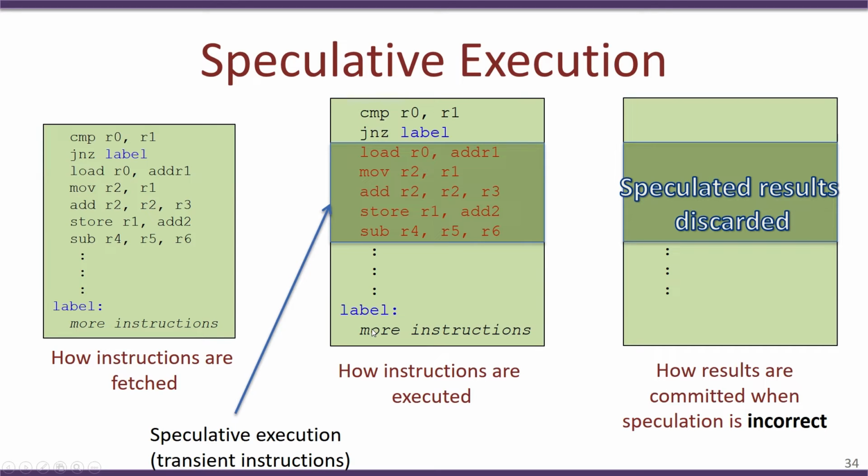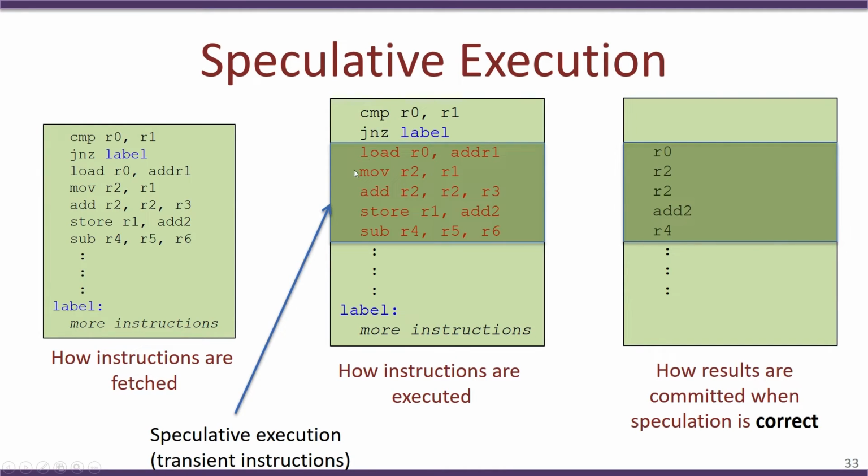So what we see is that speculation could possibly improve the performance of the program. When the processor has speculated correctly, in this case when R0 is equal to R1, then performance is gained because the speculated instructions could be committed at a much faster rate.